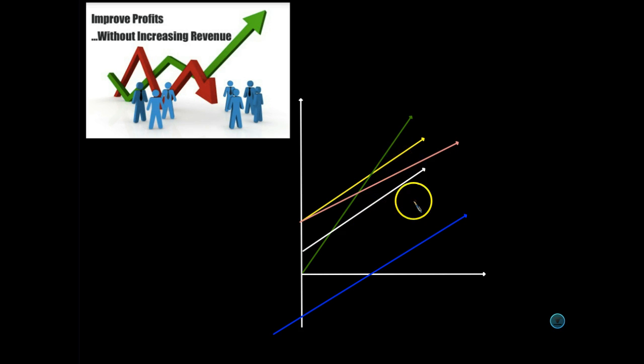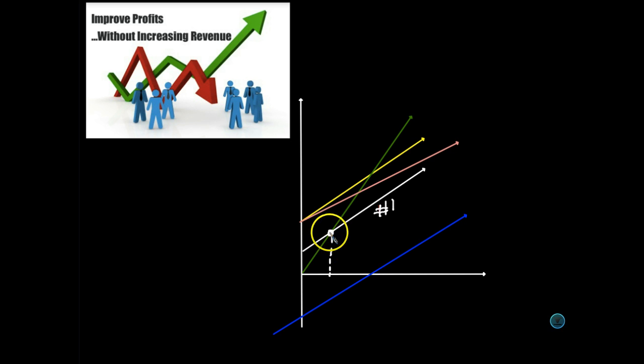So from the yellow, I moved it down here. We'll call this one in white, we'll call this our first choice. Not necessarily our first choice, but one of our choices. So we could take our entire yellow cost equation and shift it down, keeping the same slope. Notice what happens to the break-even point. It moves to the left, meaning that we break even sooner and we start making profit sooner.